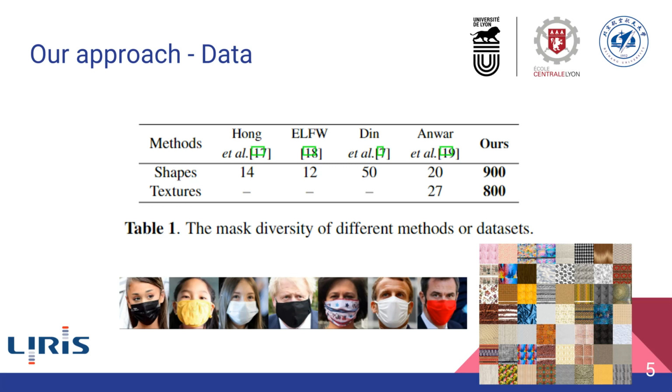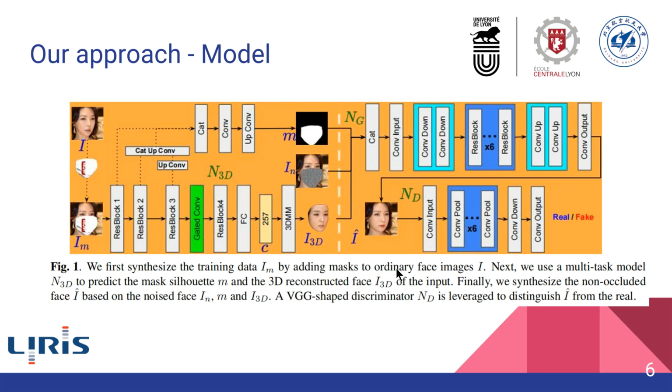Therefore, we manually keyed out 900 masks from the masked face images and collected 800 texture patches to replace the textures of the original masks. The mask templates are then combined with the existing face datasets such as CelebA and FFHQ to generate data pairs on the fly during training.